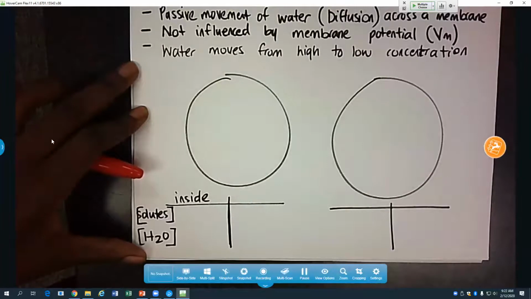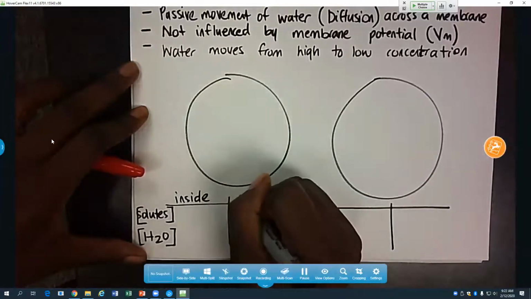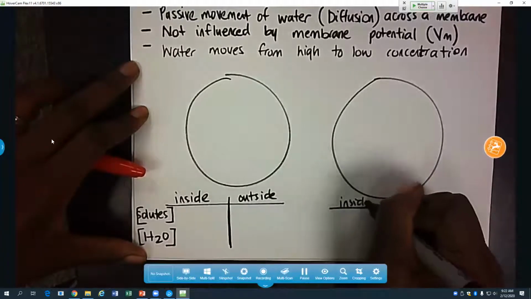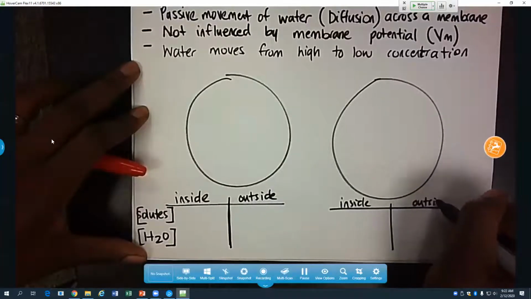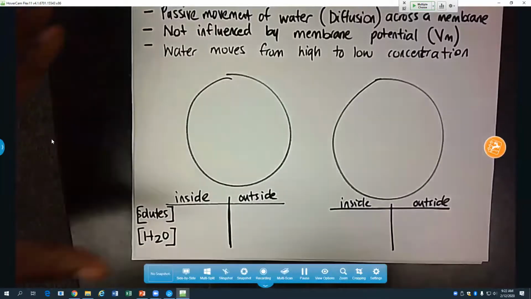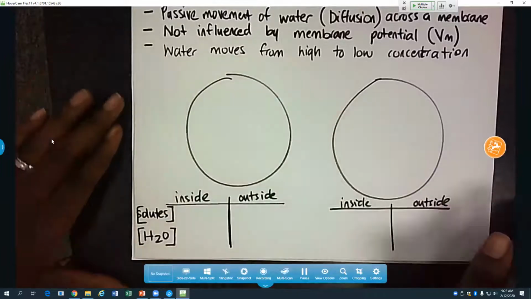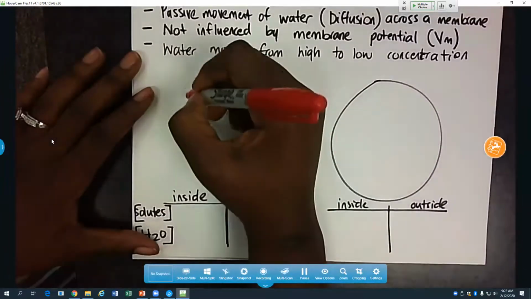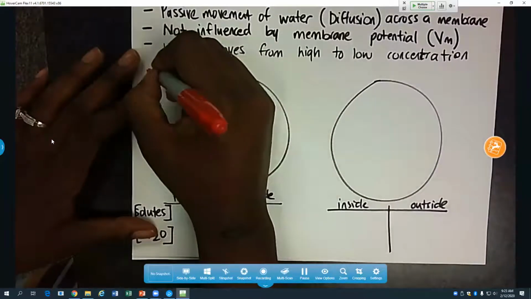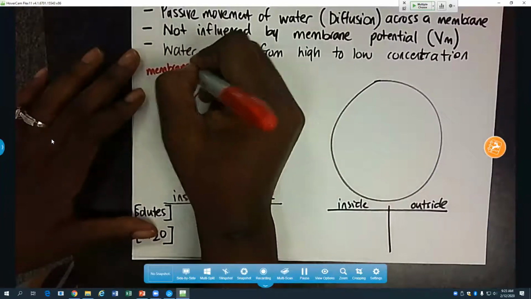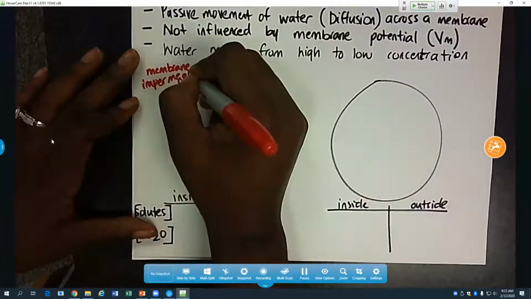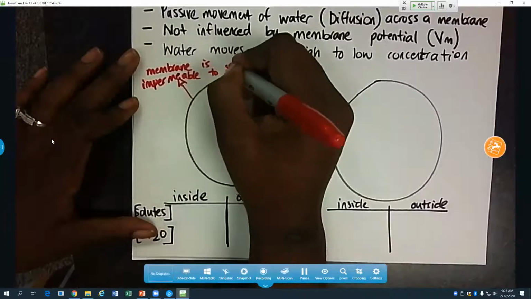So we're going to look at the solute and water concentration inside as well as outside here. Now, really important, we want to point out that the membrane in question, let's say it's a cell, is impermeable to the solutes that we're going to describe shortly. So the membrane is impermeable to the solutes in question.